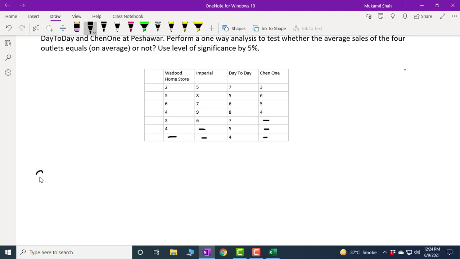You define your null hypothesis H naught: the data is given in columns, so the mean will be mu dot 1 equal to mu dot 2 equal to mu dot 3 equal to mu dot 4, which means that the average sales of the 4 outlets is equal.